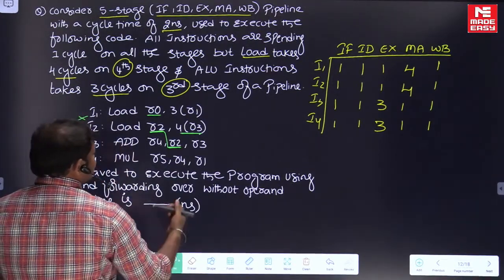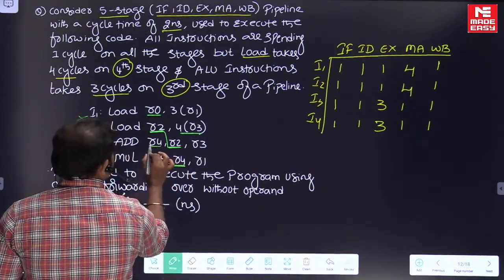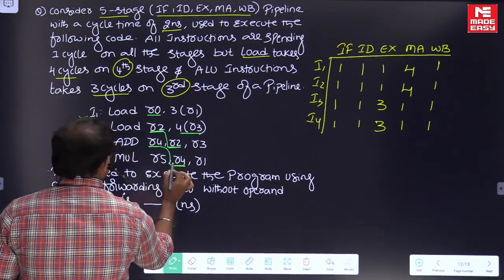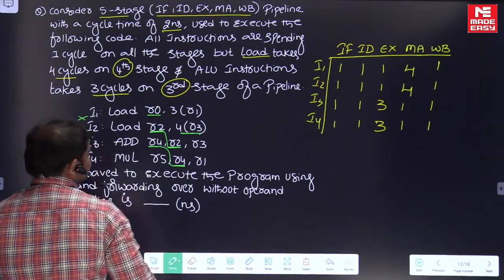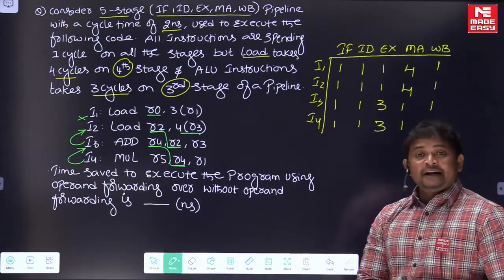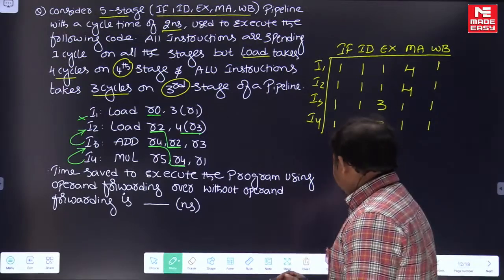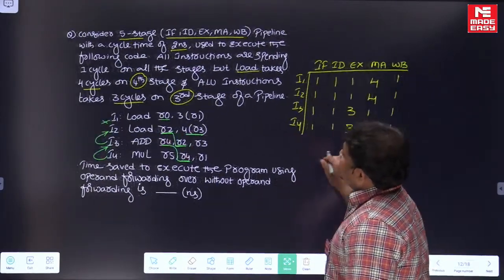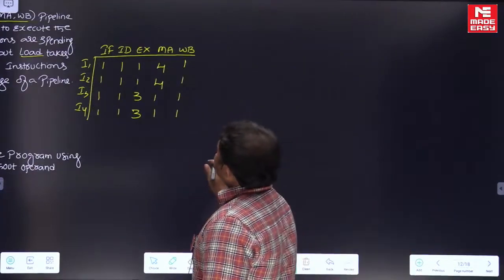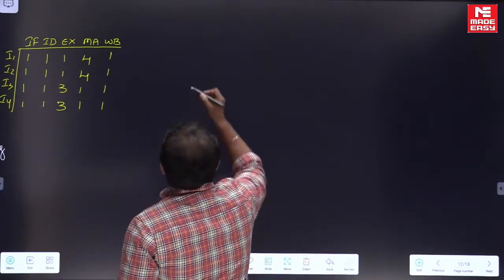Very nice. Next, I4 input and I3 output: matching. So there is a dependency between I4 and I3. I3 is dependent on I2, I4 is dependent on I3. There is no dependency between I1 and I2. All right. Now draw the cycle diagrams, without operand forwarding and with operand forwarding. Okay.